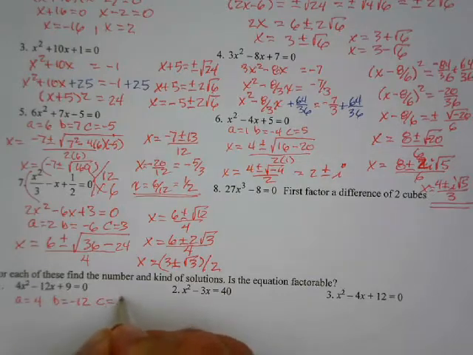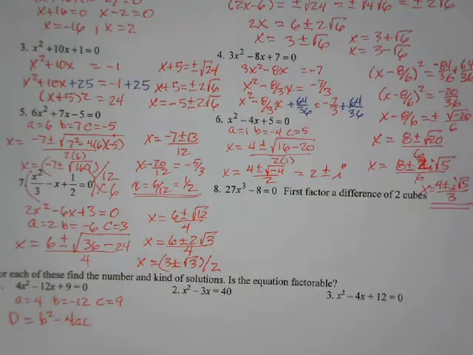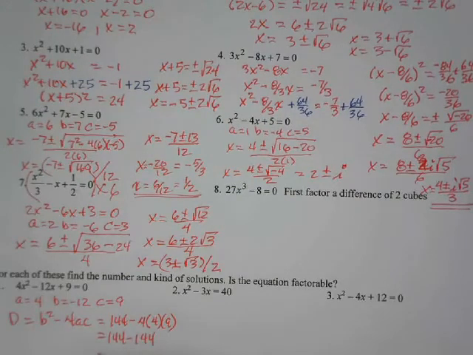So this is going to be 144 subtract 4 times 4 times 9, which is 144 subtract 144, which is 0. So we have one factorable rational solution.